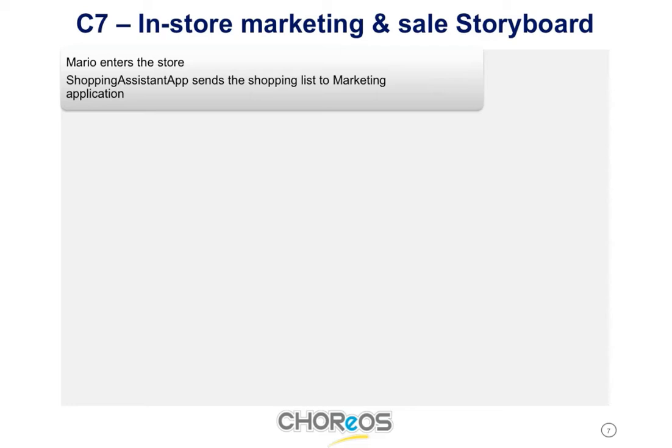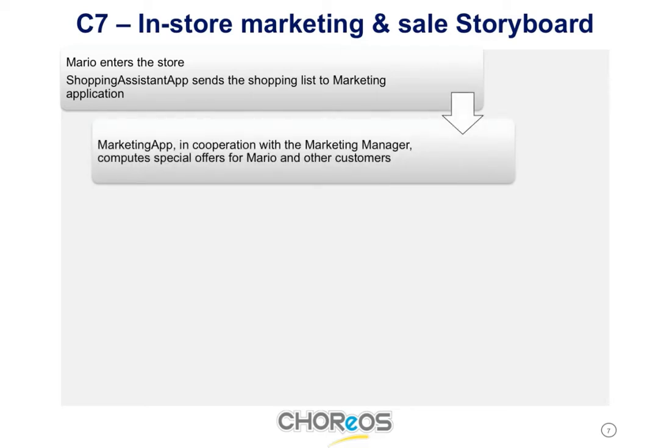The scenario starts when the marketing application service receives from Mario Shopping Assistant service the shopping list with its preference and profile. The shopping list and the user preferences are used by the marketing application to compute, in cooperation with the marketing manager, tailored offers for Mario and for the other customer within the shop.